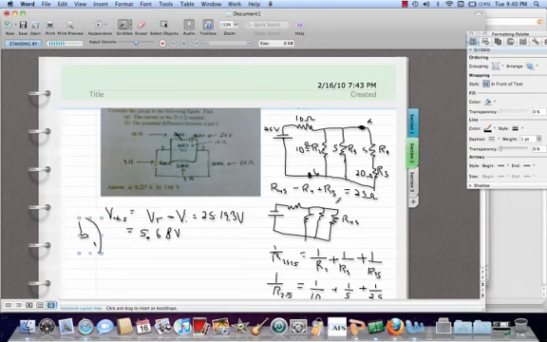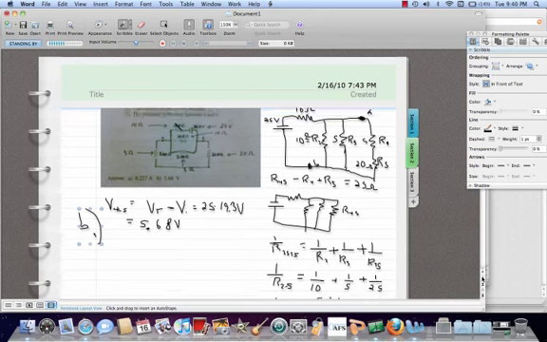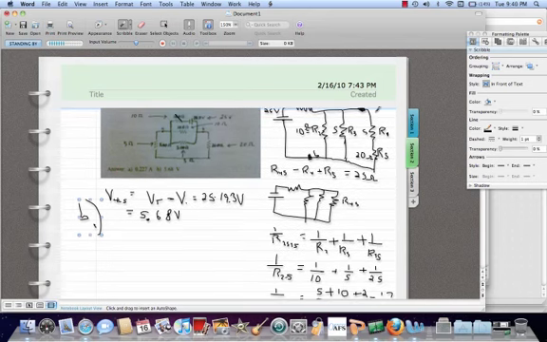So now let's find the current in that resistor. The way I do that is if I know the voltage drop from here to here is 5.68 volts, then I have to find the equivalent resistance of R45, and then I can calculate the current. So I know the equivalent resistance of R45. I figured it out over here. It's 25 ohms.